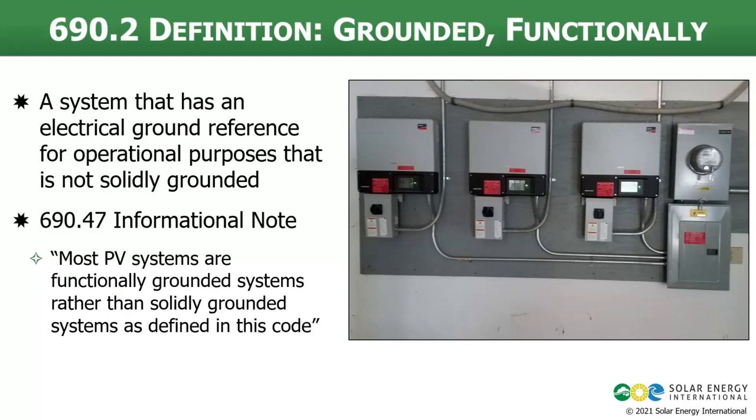There's an informational note in 690.47 that also states most PV systems are functionally grounded systems rather than solidly grounded systems as defined in this code. So just keep that in mind as you're working through these systems.